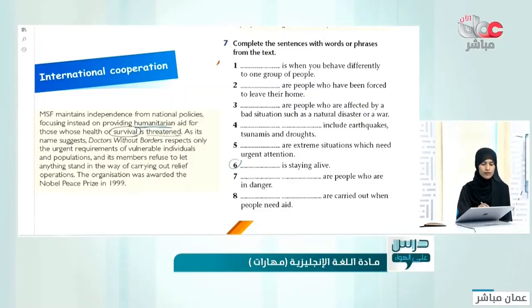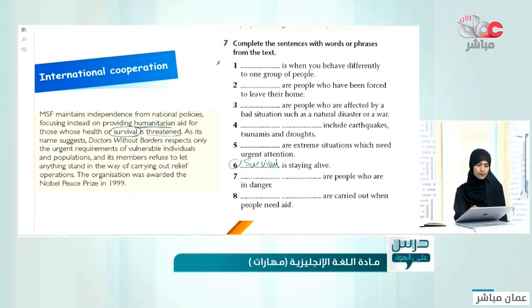Their survival is threatened and they might die. So survival is the opposite of dying, and it's the opposite of staying alive. So the answer for number 6 is survival.